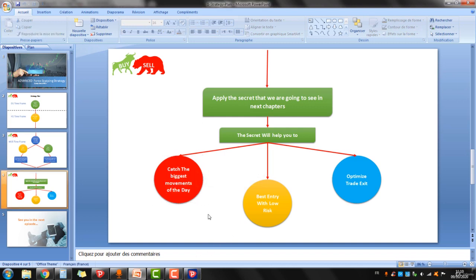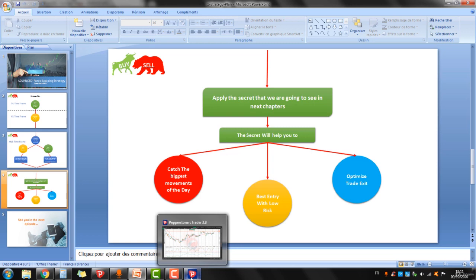We are going to develop that in next chapters, and this is an important thing that you have to understand very well. Even if it takes you a lot of time to understand this secret, the concept, the idea of this secret, you have to understand it and apply it as I'm teaching it to you to profit from it.